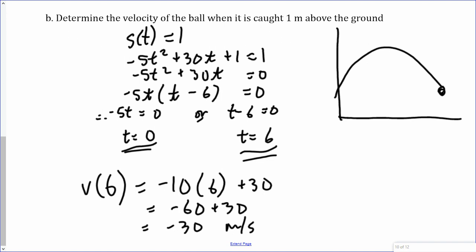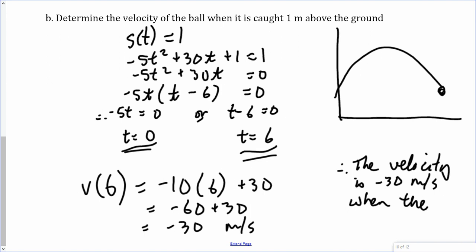So the velocity, it's decreasing, right? It's coming down, so it's decreasing. The velocity is negative. The velocity is negative 30 meters per second when the ball is caught.